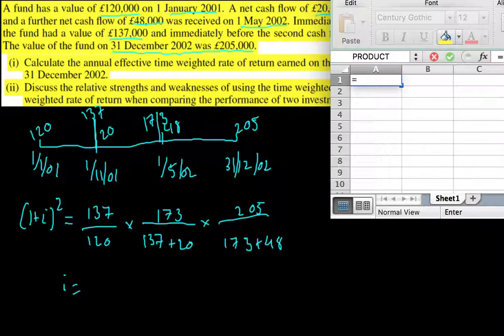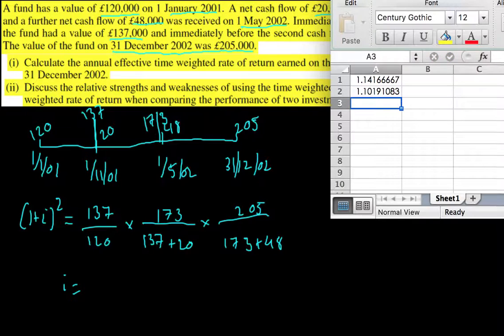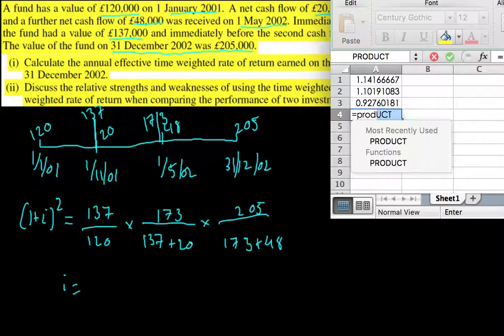So we first got 137 divided by 120. Then 173 divided by 157. And then we've got 205 divided by, what is that? I'm not even going to try and work that out. There we go, and then we just multiply all that together.